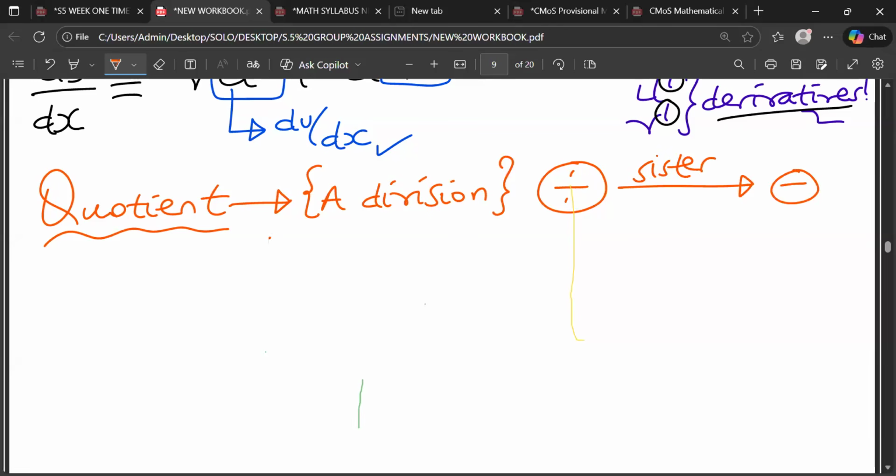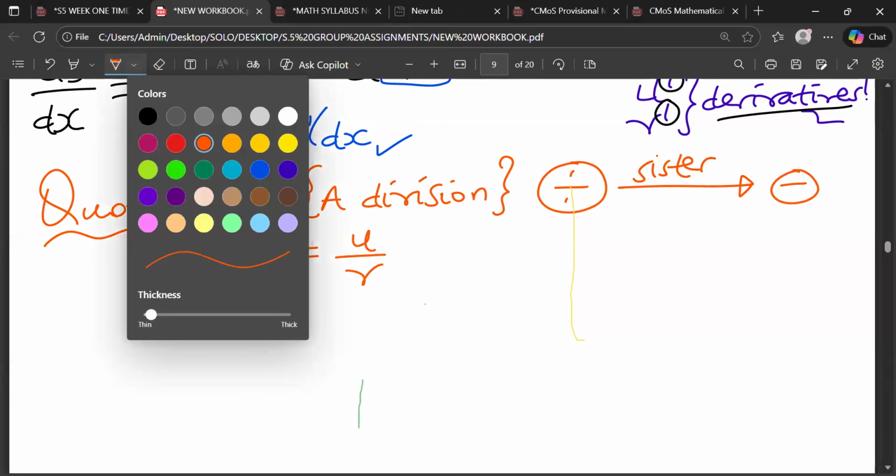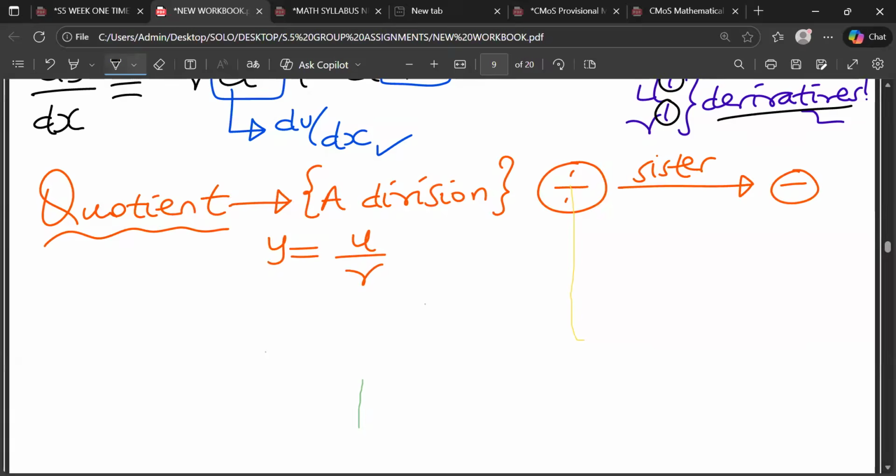So your area is given y. Yes, u and v come up, but this time round, it is a division. And for you to get dy dx, which is the derivative, differential coefficient, and others, what do we always do?